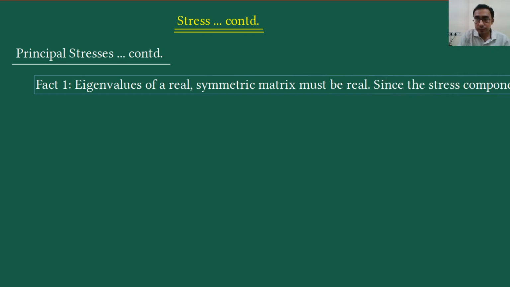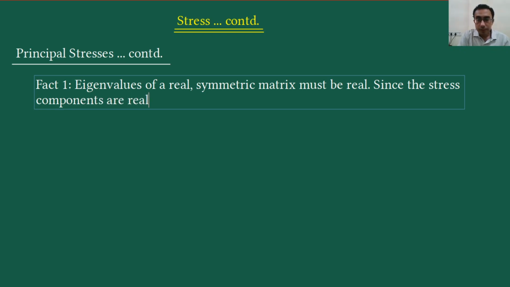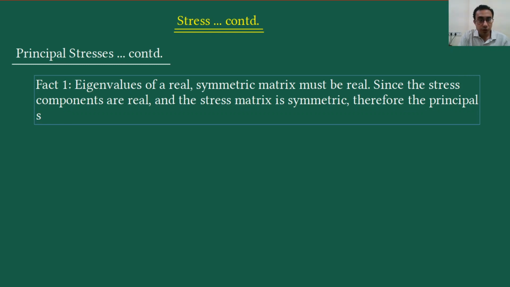And this has direct application in our study of stress, because we know that since the stress components are real, and the stress matrix is symmetric, therefore the principal stresses, which are nothing but the eigenvalues of the stress matrix, must be real.